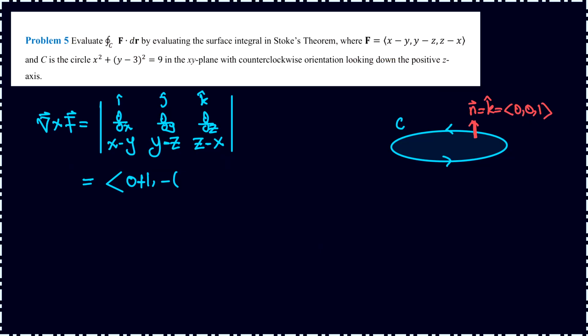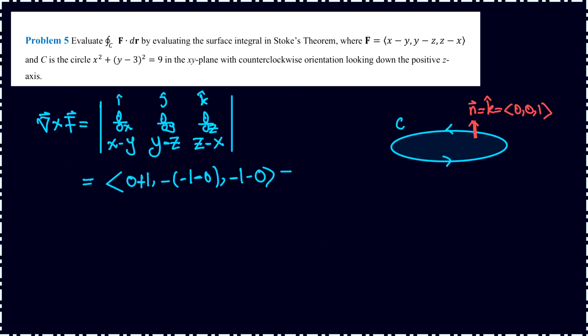That's a negative 1 minus the partial derivative of x minus y with respect to z, that's a 0. Lastly, we have the derivative with respect to y of x minus y, that's a negative 1. And the derivative with respect to x of y minus z, that's a 0.